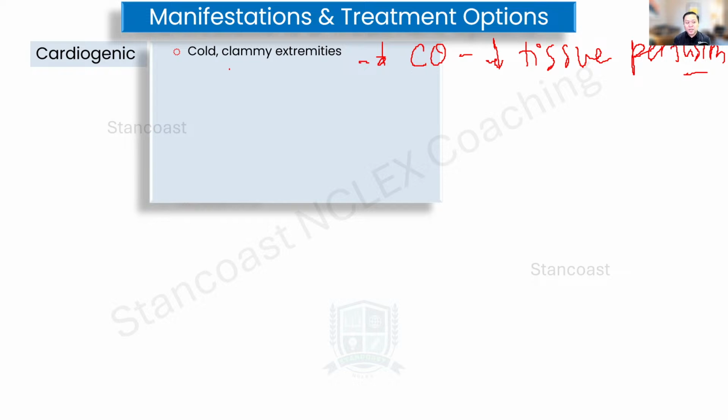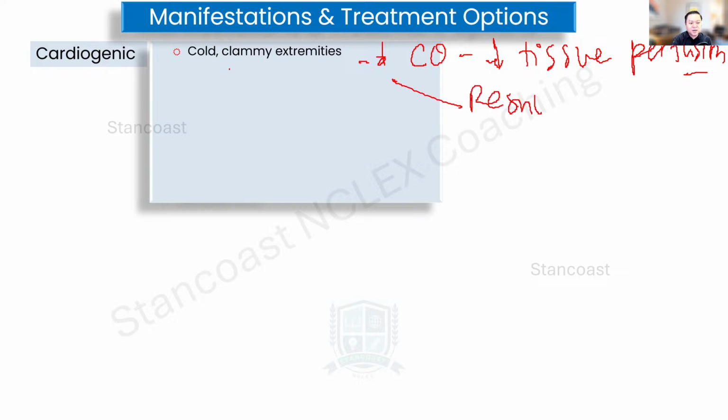And so the body recognizes that we are running out of blood supply, so let's divert the blood supply to the more vital organs in the body. It will now lessen the blood supply to the peripheries, okay? So the body will try to prioritize the blood flow to the vital organs.